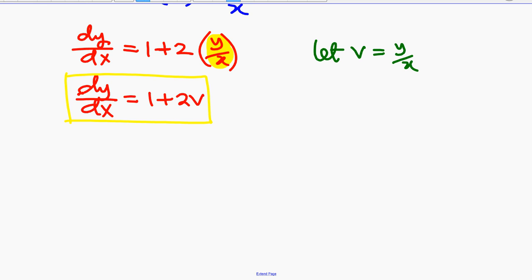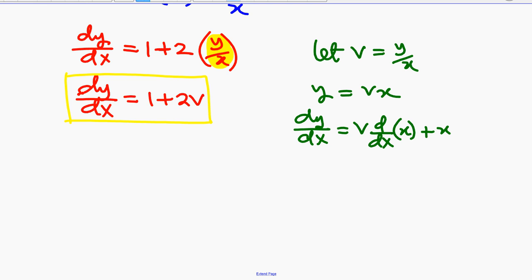But what I want to do is move on to this side. Now, we know that y here is equal to vx, which means dy over dx will be equal to, if you use the product rule, v d over dx of x plus x d over dx of v.